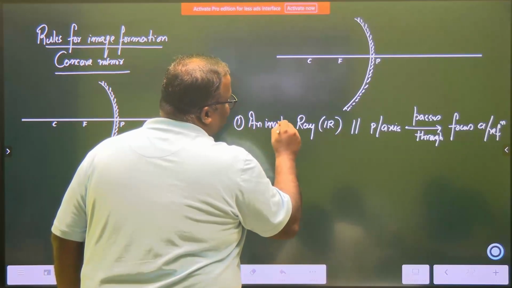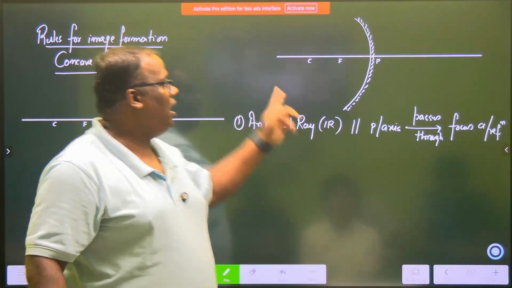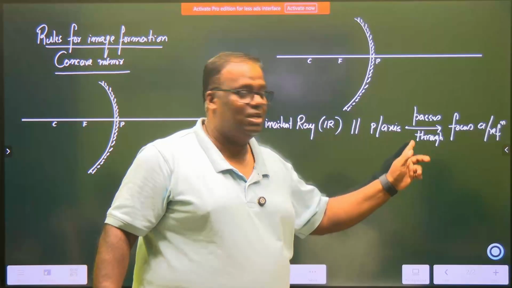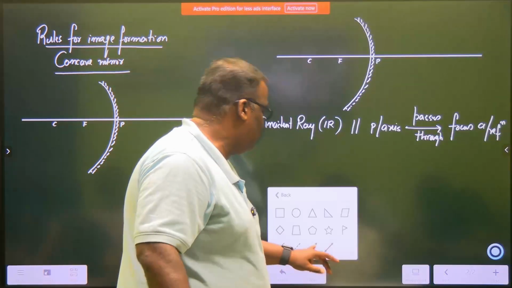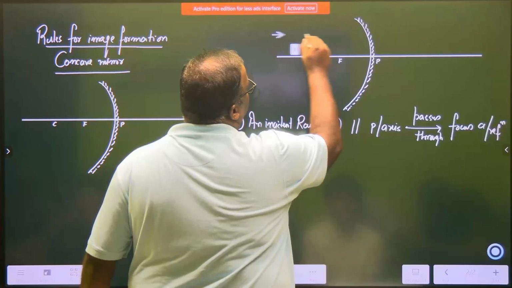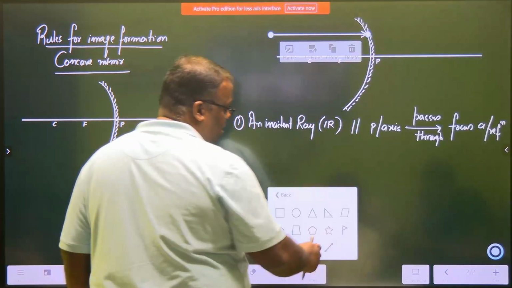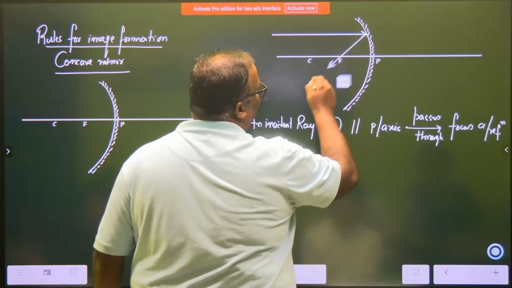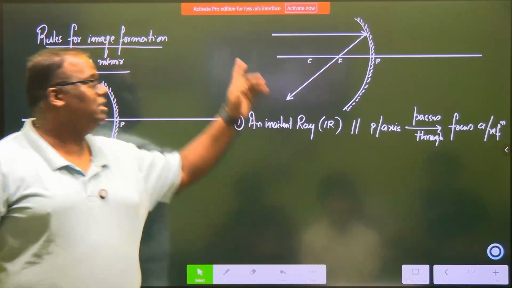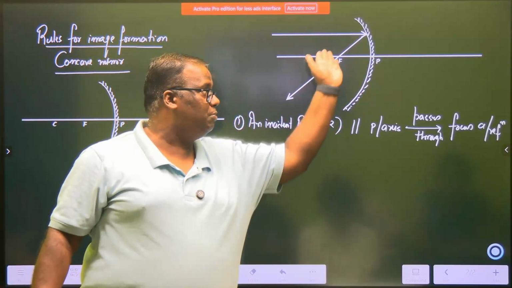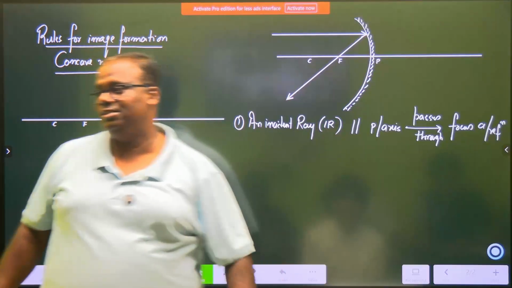An incident ray parallel to the principal axis passes through focus after reflection. So please wait, understand what it means. An incident ray parallel to the principal axis, got it? Passes through the focus after reflection. This is your rule number 1. Have you understood? An incident ray, एक रे जो principal axis के parallel है, reflection के बाद focus से गुजरेगी.